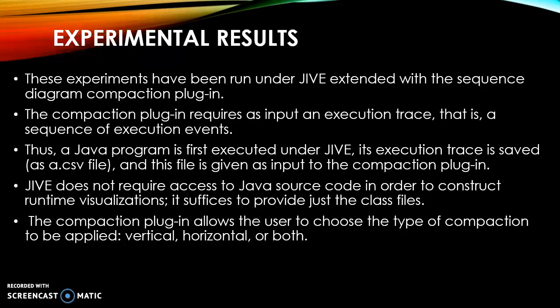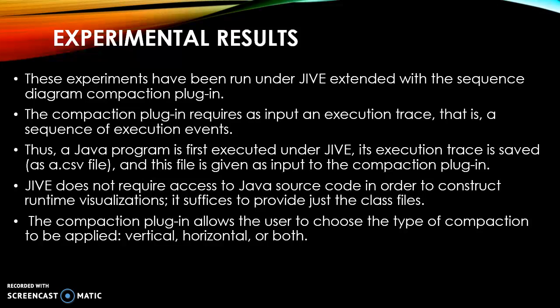Its execution trace is saved as a .csv file, and this file is given as input to the compaction plugin. JIVE does not require access to the Java source code in order to construct runtime visualizations. It suffices to provide just the class files.